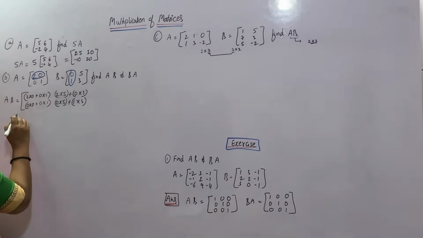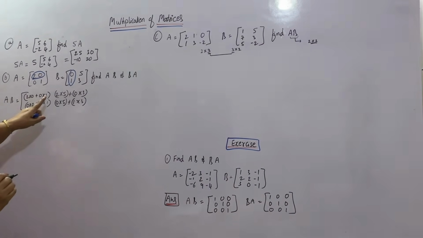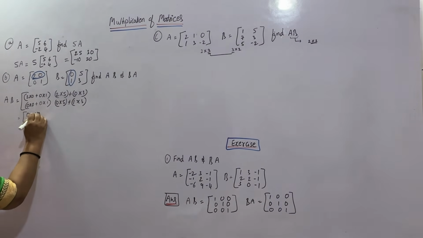Now just add it. Here 0, this is also 0, 0 plus 0, it is 0 only. Next one, 5 into 2, 10. 10 plus 0, 10 only.